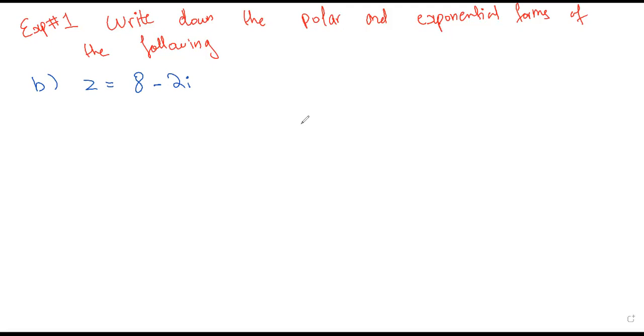And then you will get the answer as this. So r is 2 under root 17, 2 under root 17 times cos of negative 0.245, plus iota sine of negative 0.245. Very good.